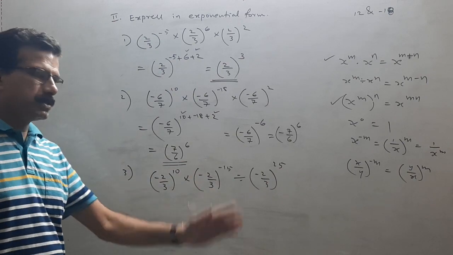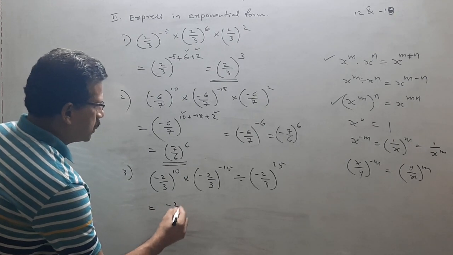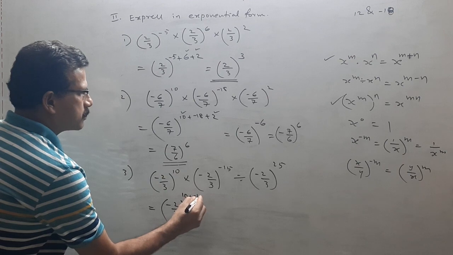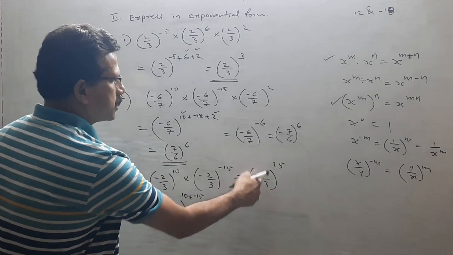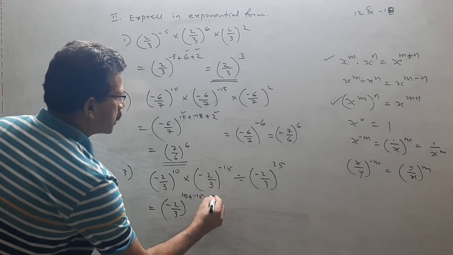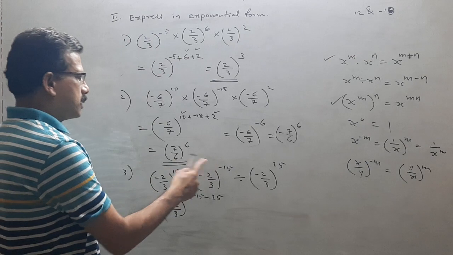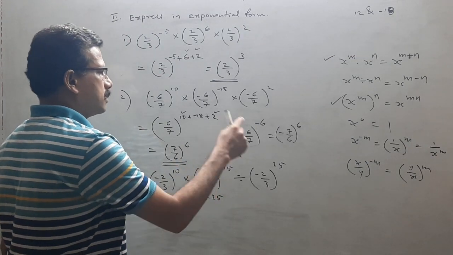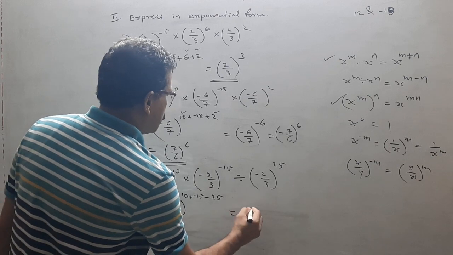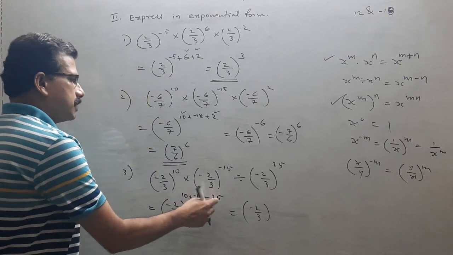Instead of writing so many steps, directly we can do minus 2 by 3 to the power, here addition, 10 plus minus 15. Now this one is subtraction, minus 25, we can write it directly. Are you understanding? These two are to be added, 10 and minus 15, then 25 will be subtracted. Or we can say minus 2 by 3 to the power minus 15 minus 25.